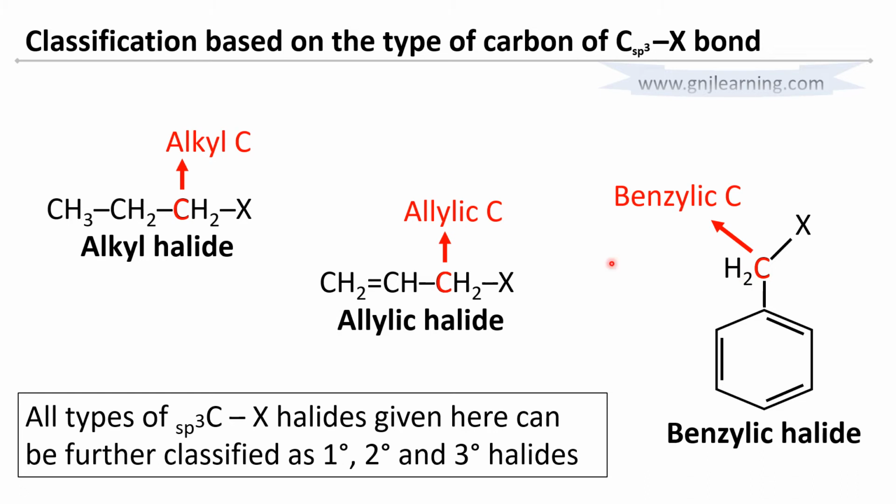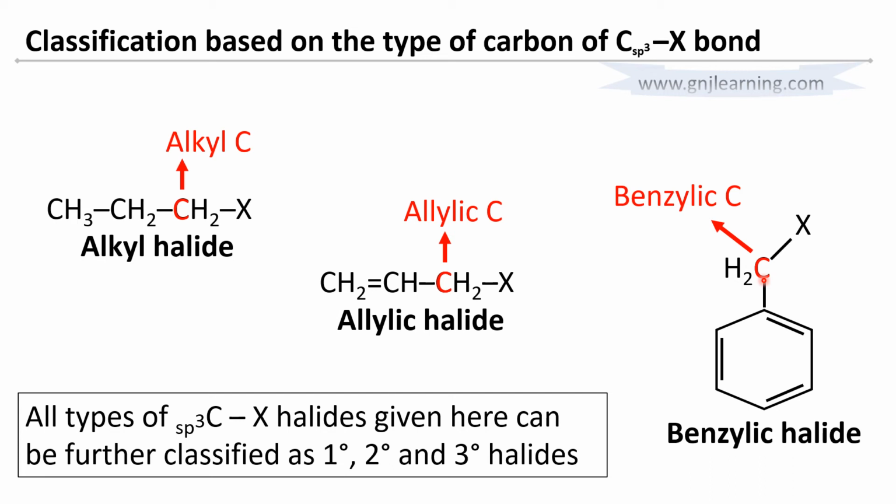How? Depending upon the degree of this carbon. Similarly, allylic can also be classified as primary, secondary or tertiary depending upon the degree, and so is the case with the benzylic. In the coming slides we will see that type of classification.